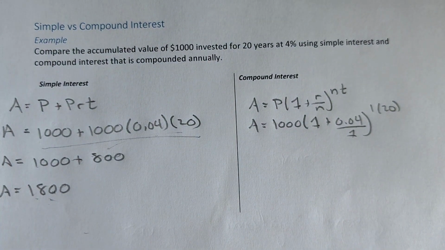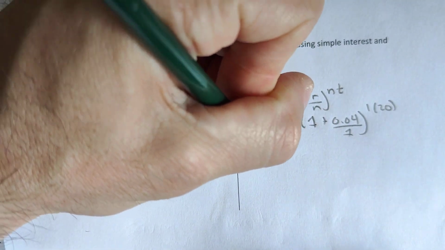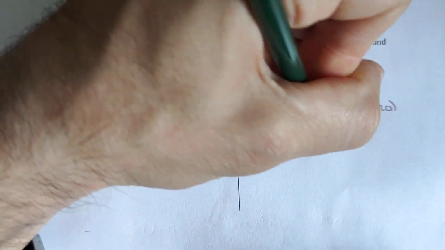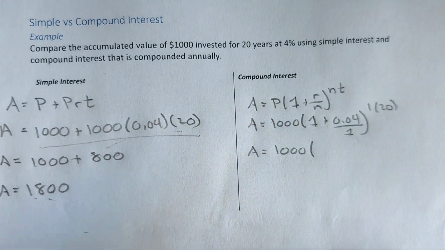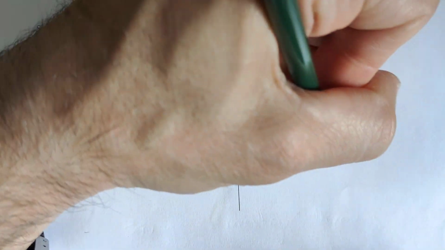Again, if you're really good and confident using your calculator, you can type this all in at once. Make sure you get the same result as me. Otherwise, do it step by step. The amount equals 1,000 times (1 plus 0.04 divided by 1). If you want to break this up into 2 steps, go for it.